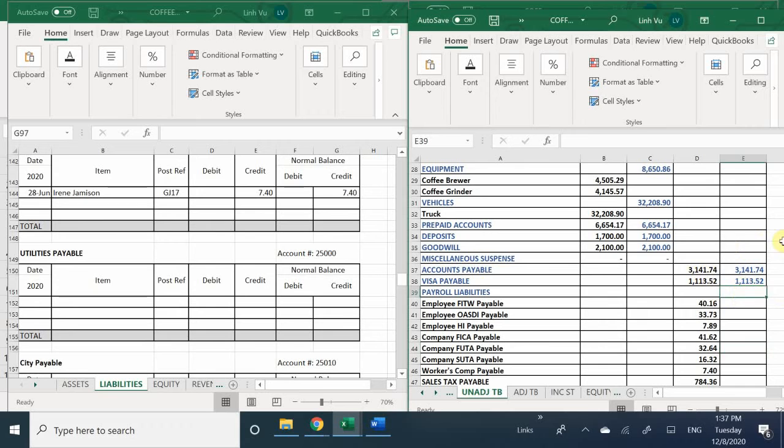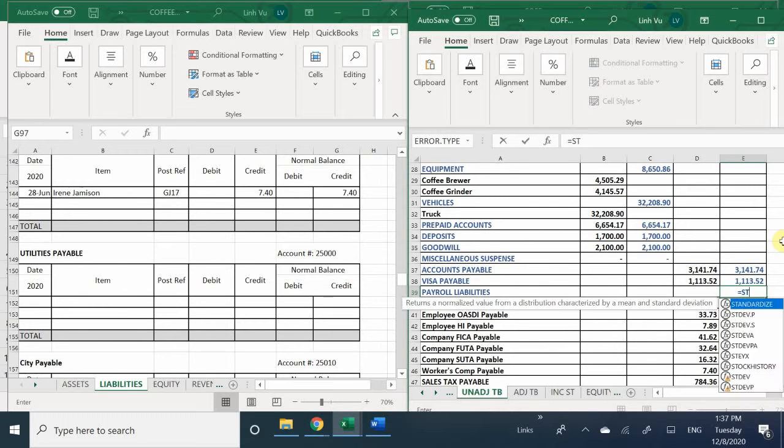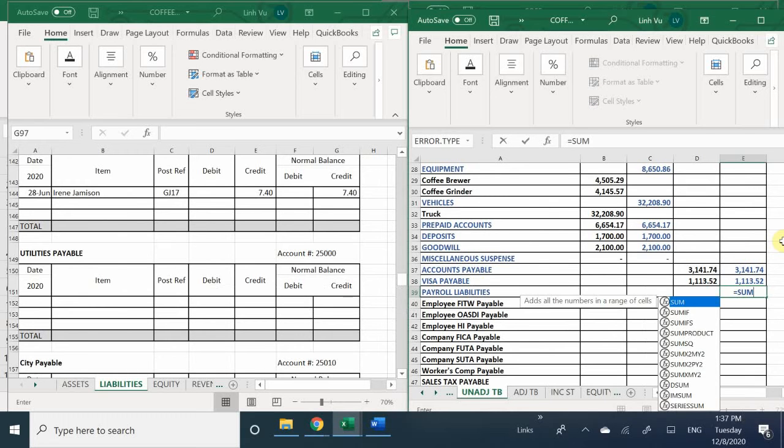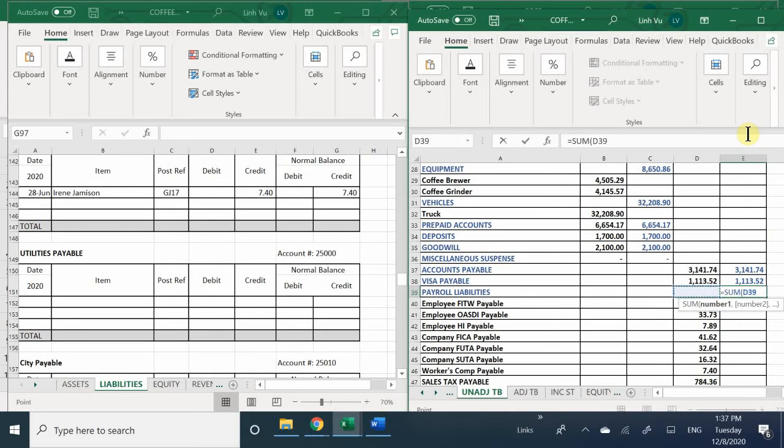Okay, so I'm going to go ahead and enter my formula, equal sum. I'm going to select all of these all the way to workers' comp. And what's my total in my payroll liabilities? 179.76. Good. All right.